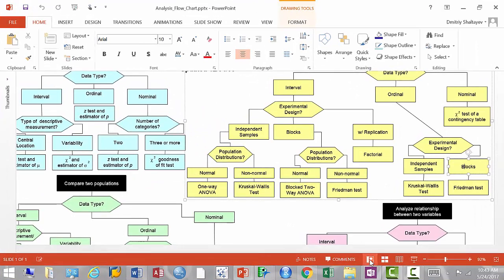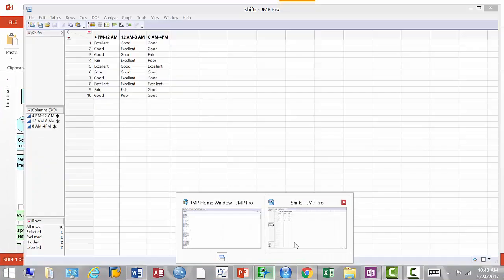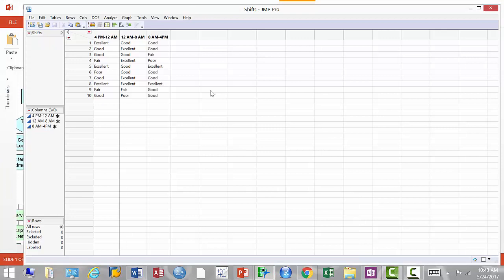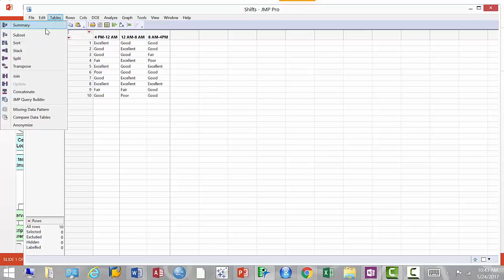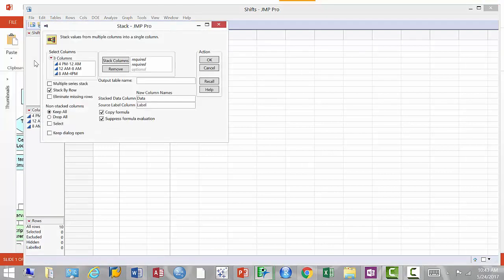All right, so let's go back. Here's my file. Now, remember what we do for independently collected data? We have to stack the samples, right? So let me go to Tables, Stack.